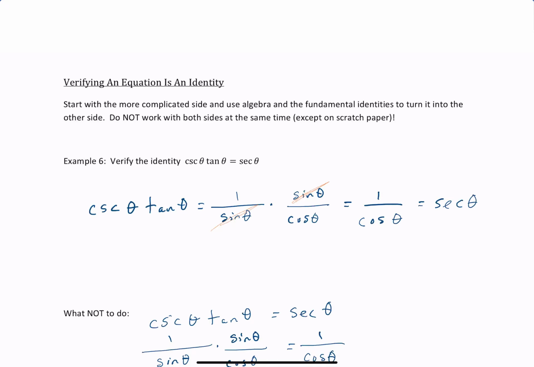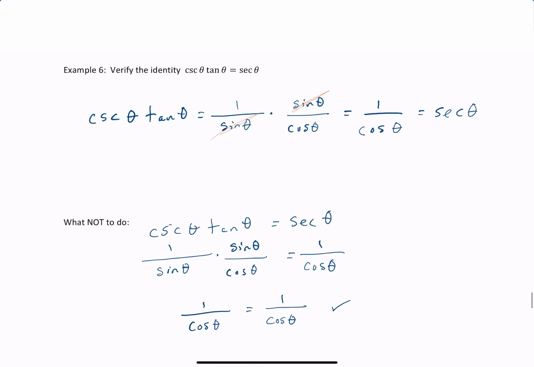Something not to do, as I said in the note above, is not to work with both sides at the same time. So your work should not look like the original identity on both sides and then, for example, turning cosecant times tangent into 1 over sine of theta times sine of theta over cosine of theta, and then saying that's equal to the other side, which you could write as 1 over cosine theta, and then simplifying and saying, hey, I get 1 over cosine of theta, and that is certainly equal to 1 over cosine of theta.